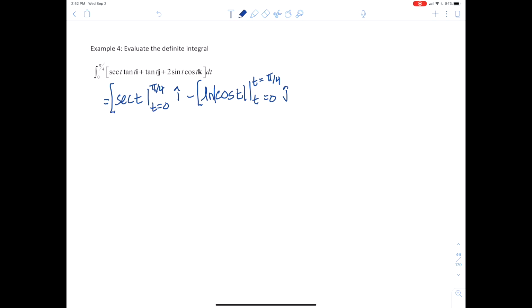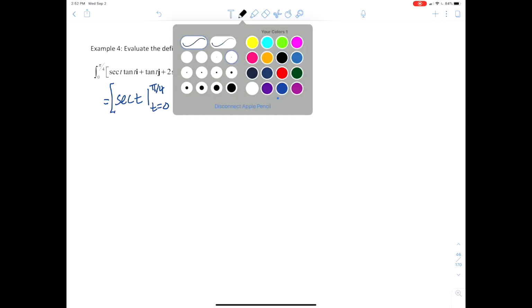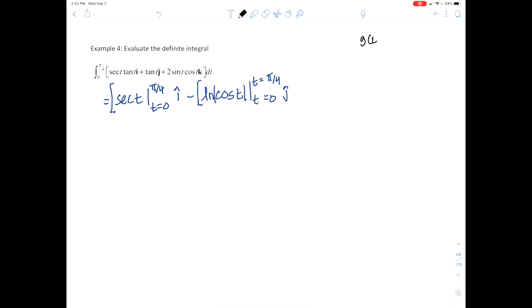And then 2 times sine t cosine t. For that one, remember, if your g(t) was equal to sine t, g prime of t is equal to cosine t. That's how I'm going to look at that one.